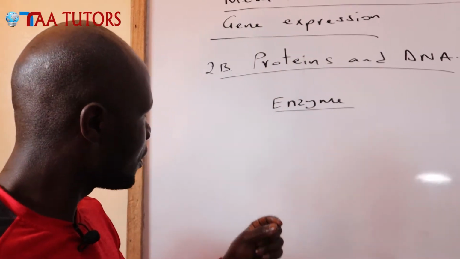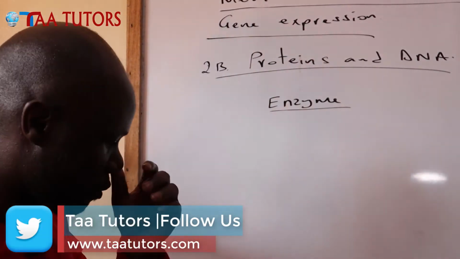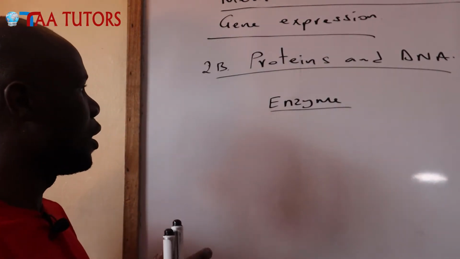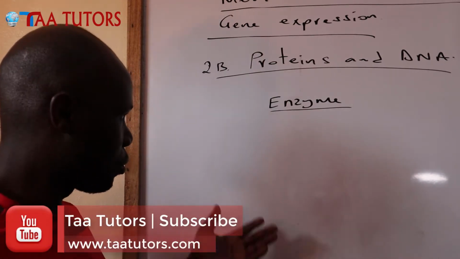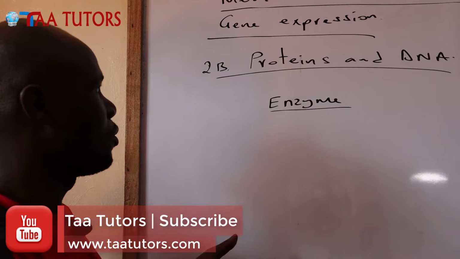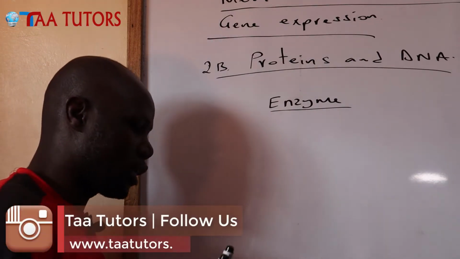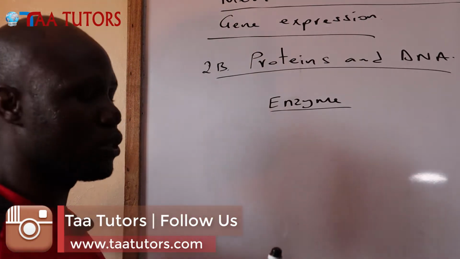So enzyme is a protein. And we know that proteins are made up of simple molecules like amino acids, which are joined with a peptide bond so that they can form a very long chain. Enzyme is also in that manner. These chains of proteins can be joined to form structures.